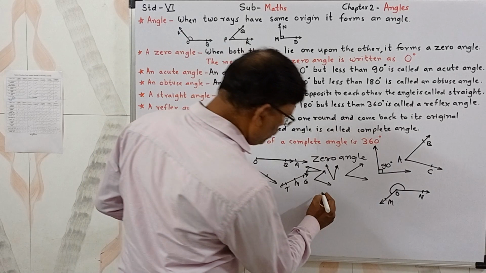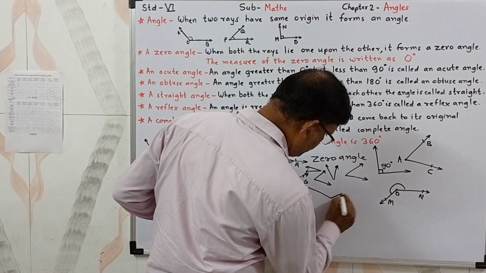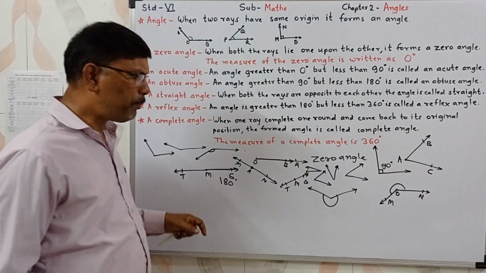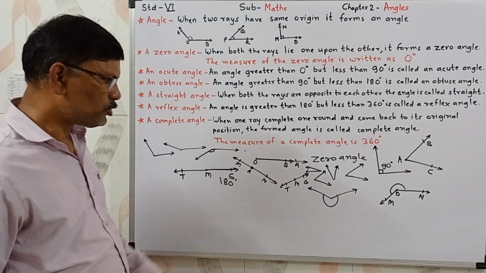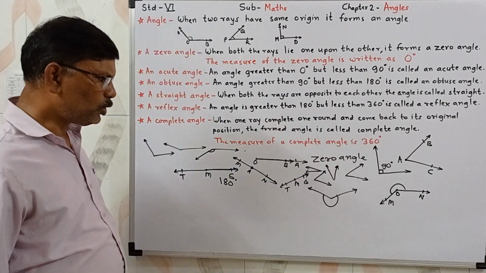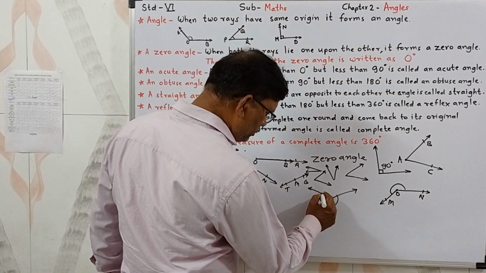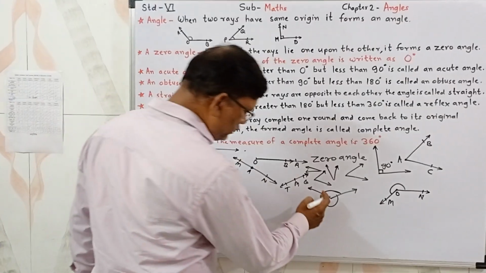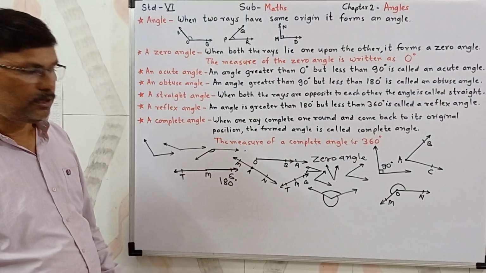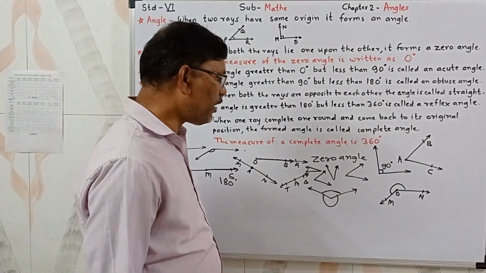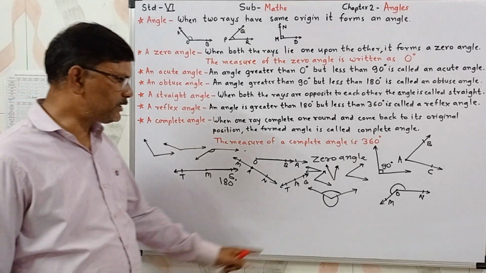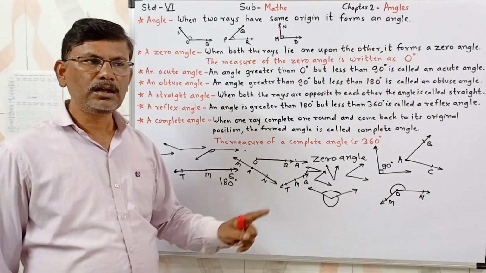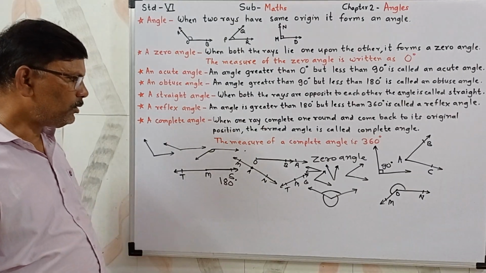This is also called a reflex angle. Understood? When we take this angle, it is an obtuse angle, but this angle is a reflex angle. Understood? Because it is greater than 180 degrees and less than 360 degrees.